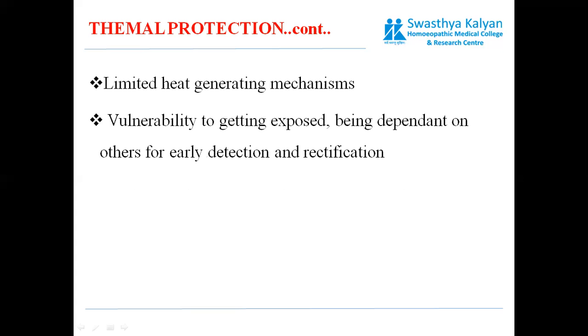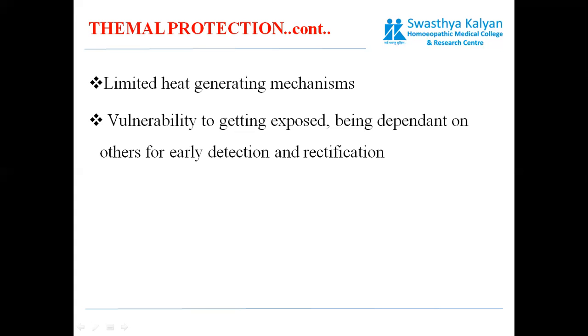So the newborn babies are more susceptible to develop hypothermia because of the larger surface area as compared to their weight. Then they have limited heat generating mechanisms. Then they are more vulnerable of getting exposed. They are dependent on the others, on the healthcare workers, family members for early detection and rectification.